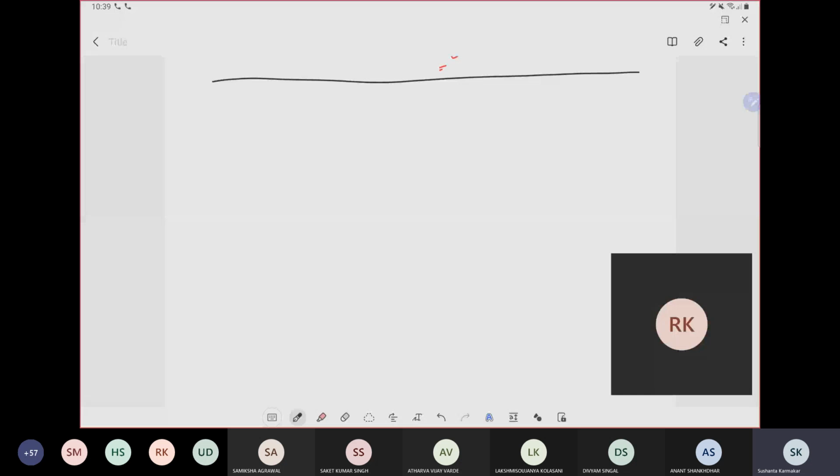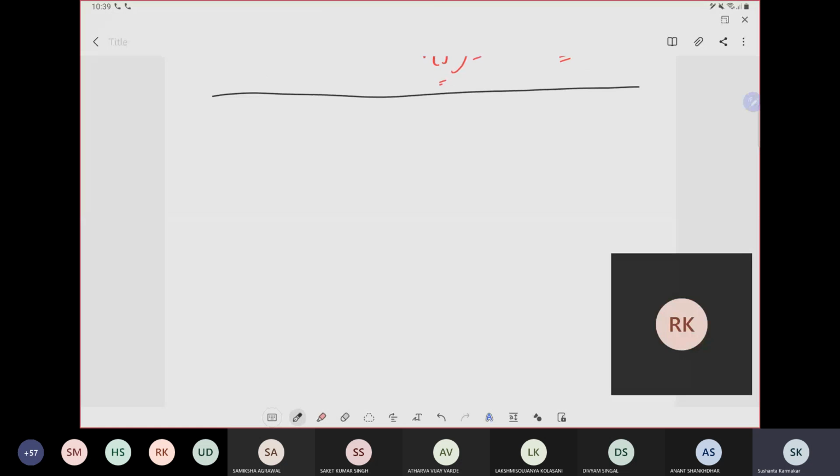One is the forward edge. I mean, it's some concepts like forward pushing and backward. Let's try to understand this concept with this diagram.